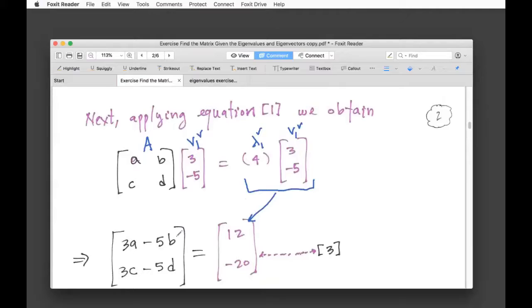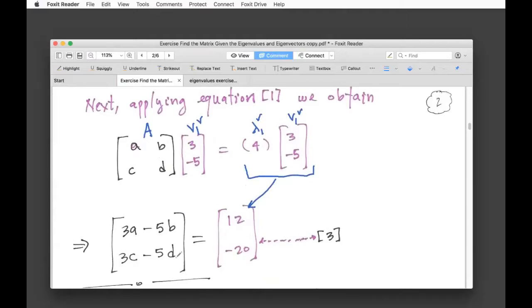And when we do the matrix A times vector V1, we obtain a vector with entries 3A minus 5B and 3C minus 5D. So using equation 1, we now have another equation, which I'm calling equation 3, which is a vector equation given by this.